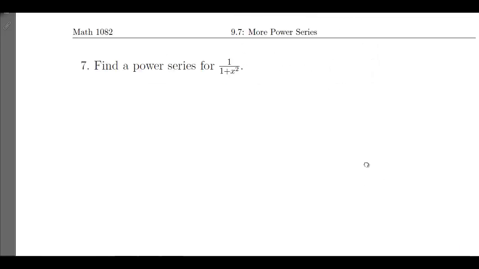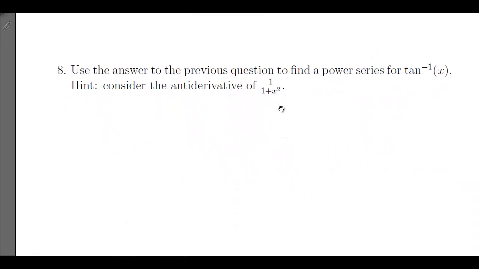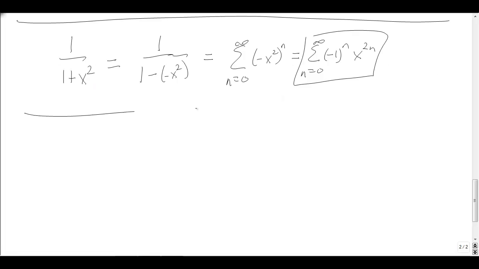Next one, use your answer to the previous question to find a power series for inverse tangent x, or arctangent x. And what we're going to do here is consider the antiderivative of 1 over 1 plus x squared. So I'd like to be able to represent arctan x as a series here. So I've got tan inverse x here.